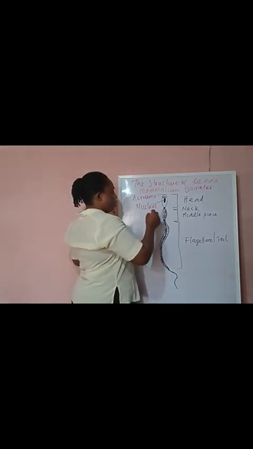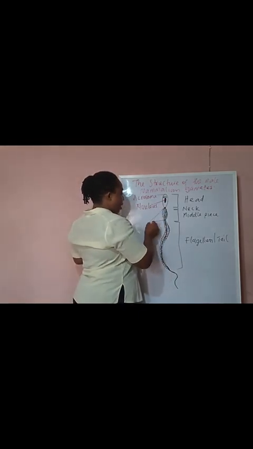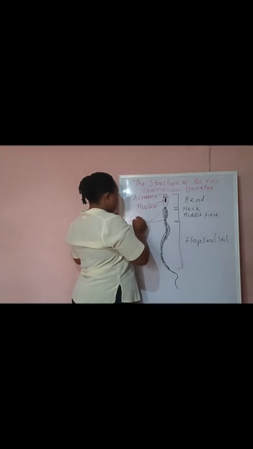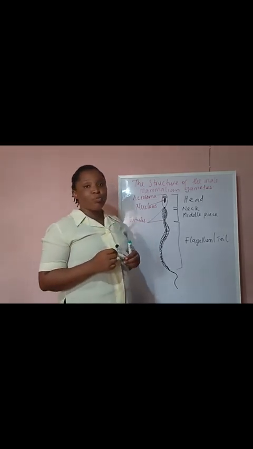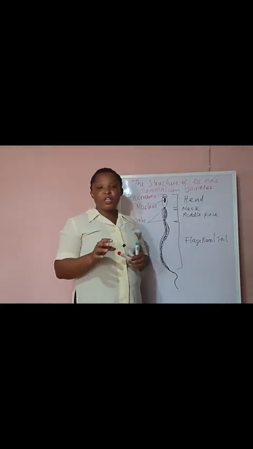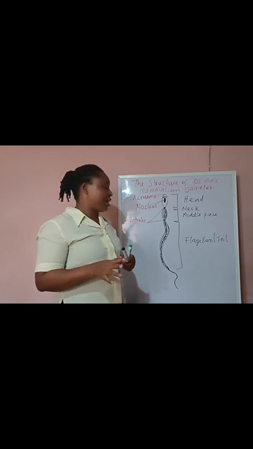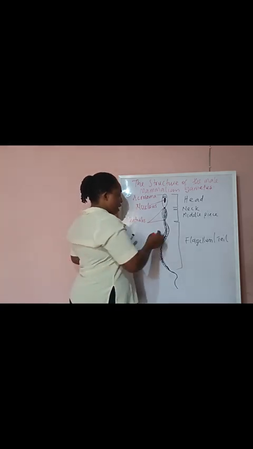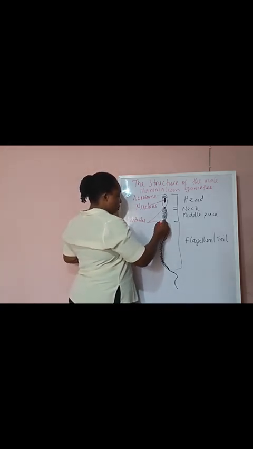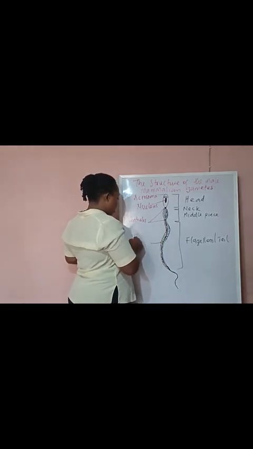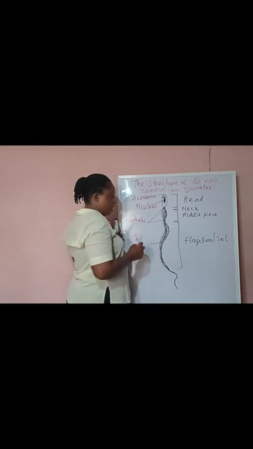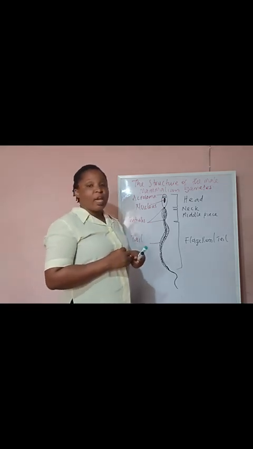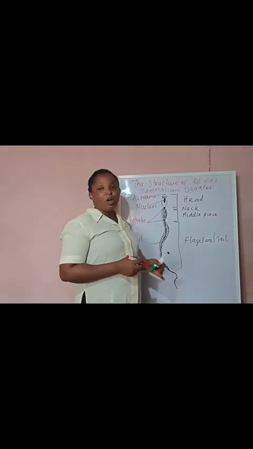On the neck we have the centrioles, which contain a lot of microtubules that form the base for the formation of flagella and cilia. This end piece is the tail, or the flagella, and that is what helps the motility of the sperm.